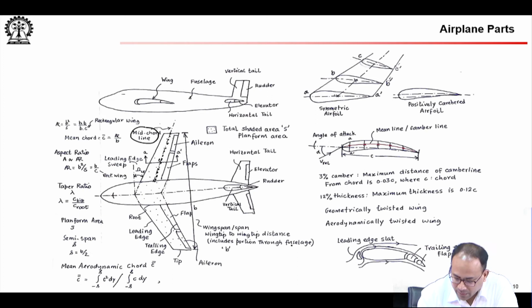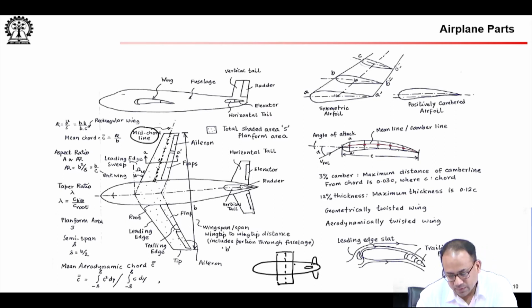But if you have a mid chord line, say if your wing is like a rectangle, this is your vehicle, mid chord line is a straight line. So, you say it is, you know, it has a special name where the mid chord line is not bent in any way.